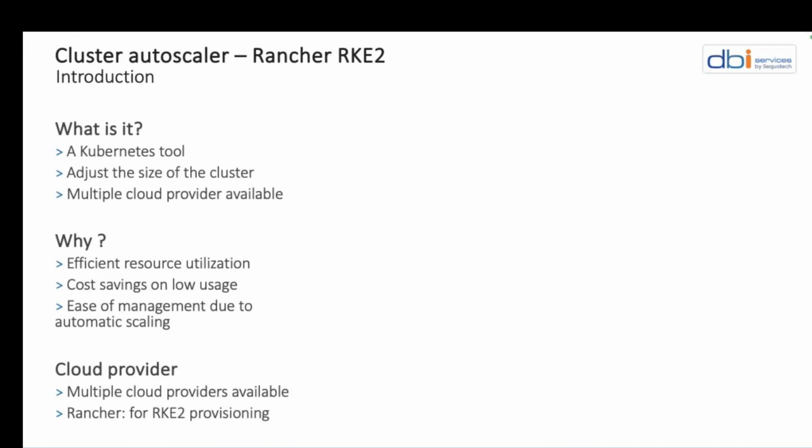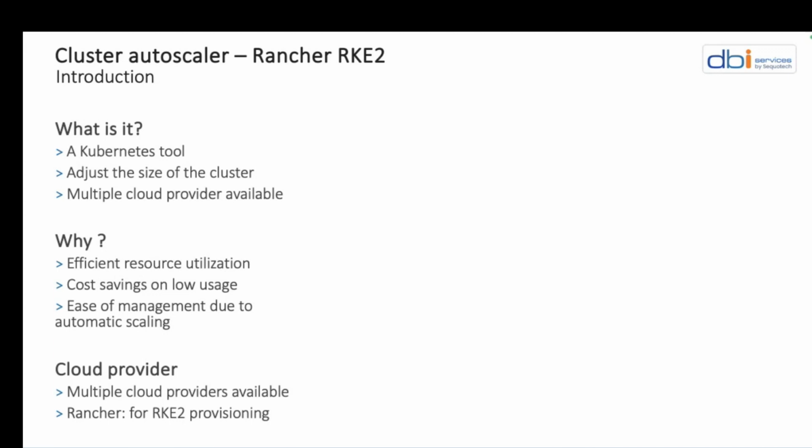And that's where the cluster autoscaler comes in. The cluster autoscaler is a tool that will automatically adjust the size of the Kubernetes cluster. It's really a useful tool that will bring horizontal scaling into your clusters, and it will help to optimize resource utilization. Therefore, it will lower the cost of the clusters because it will free the resources automatically when the workload goes down.